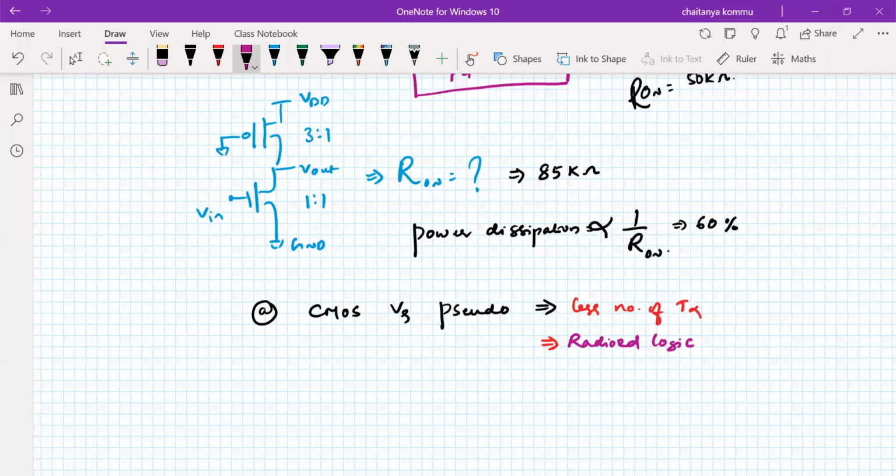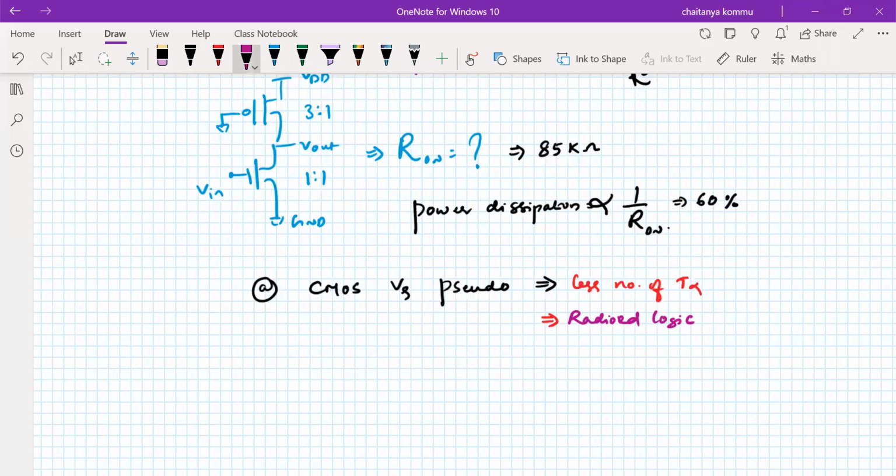Now when compared pseudo versus depletion, what we observe is that the pseudo has less power consumption.